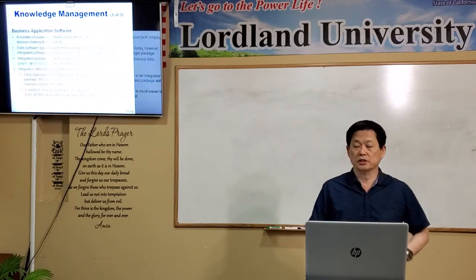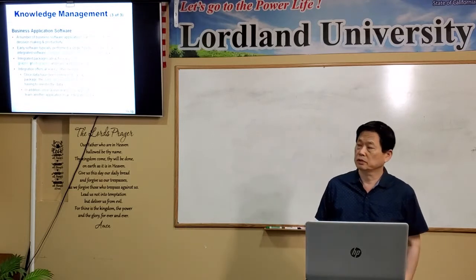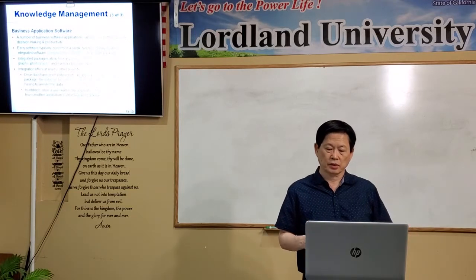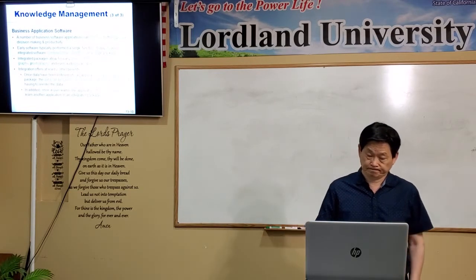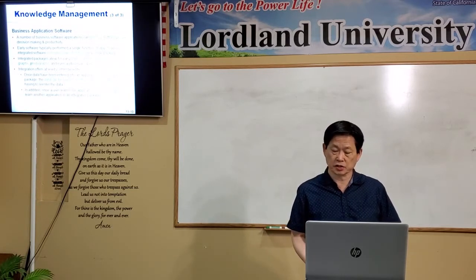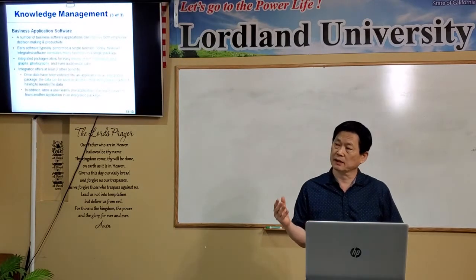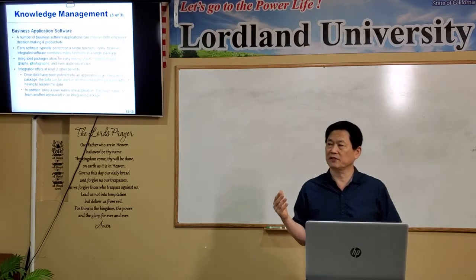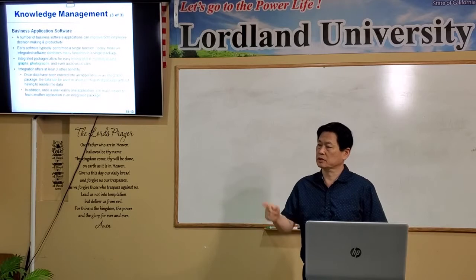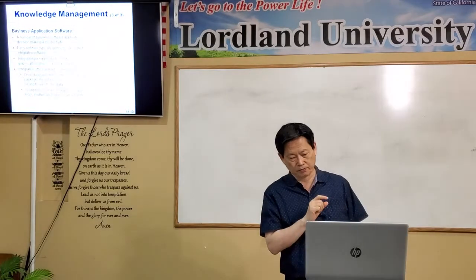A number of business software applications can improve the boss's and employees' decision making and improve the firm's productivity. Productivity is defined as the output of one worker per hour.